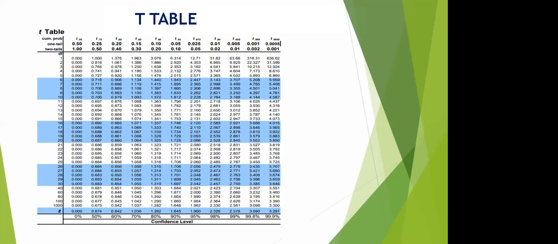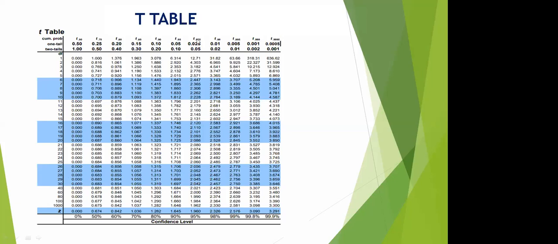So if we are doing a two-tailed test and the significance level is 5%, then I should consider this column, the two-tailed 0.05, the 5% significance level. So in this 29th row, degrees of freedom 29, with a 5% significance level, the table value of T will be 2.045.